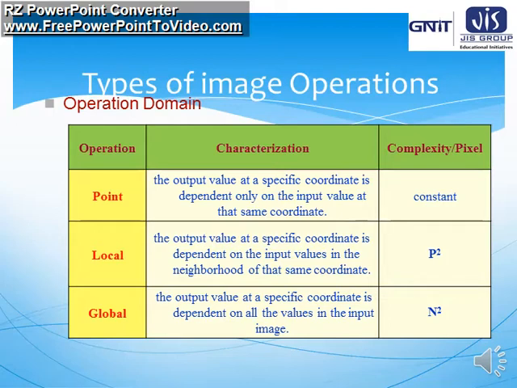And for global domain or global operations, the output value at a specific coordinate is dependent on all the values in the input image, and the complexity per pixel here is N squared. So these are the different types of image operations, which are also known as operation domains.